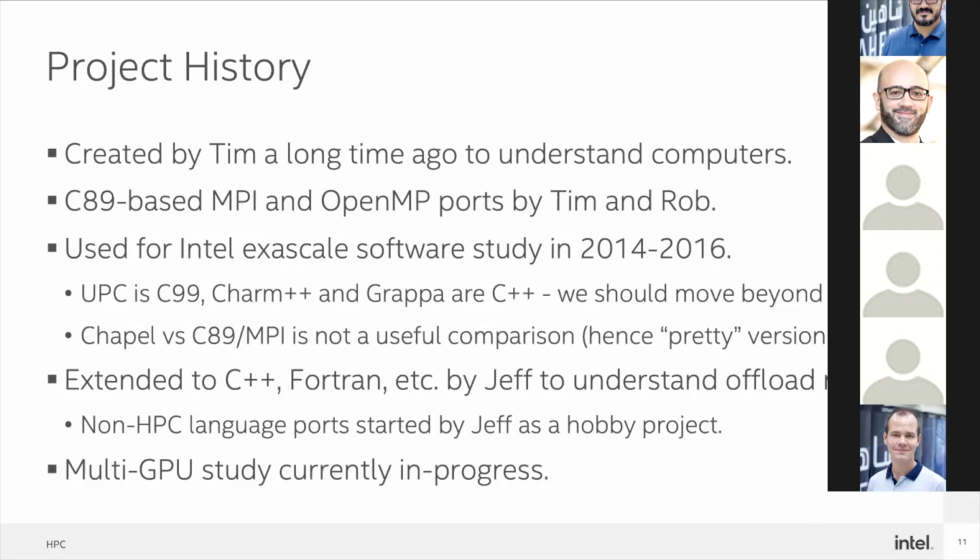Because at the very least, as we were told correctly by the Charm++ group, you can't write Charm++ like a C programmer. That just doesn't work. You obviously can't write Chapel like a C programmer. And even if you could, it's not a good comparison. Chapel does not exist as a competitor to C89 and MPI send receive.